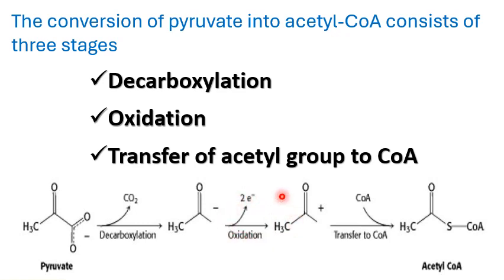And when it is oxidized, it enables the hydroxyl acetyl group to be transferred to CoA, or coenzyme A, and then it will give you the acetyl CoA. So you see there is decarboxylation, there is oxidation, and there is transfer to coenzyme A to give you acetyl coenzyme A.